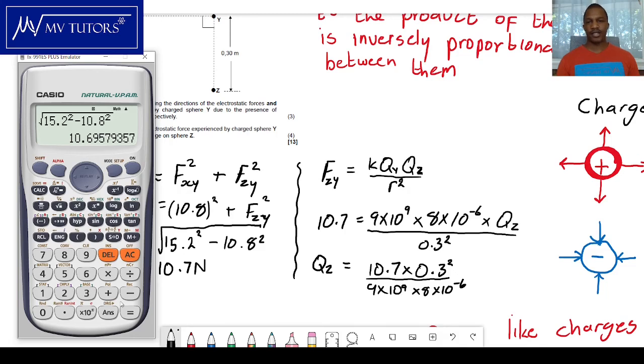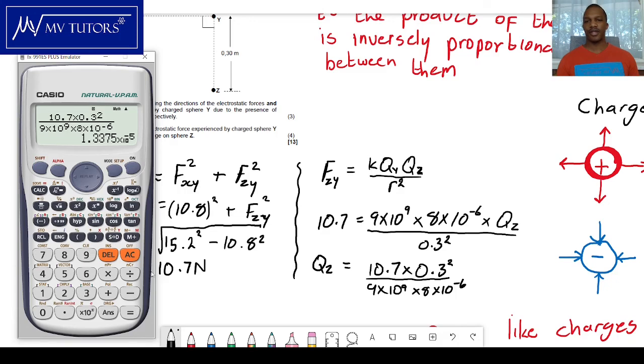Let me just do it this way. 10.7 times 0.3 squared, and then I'll come downstairs, I'll say 9 times 10 to the power 9, and then go to the side, times, don't forget to put this times because last time I forgot and I got an error, 10 to the power negative 6.